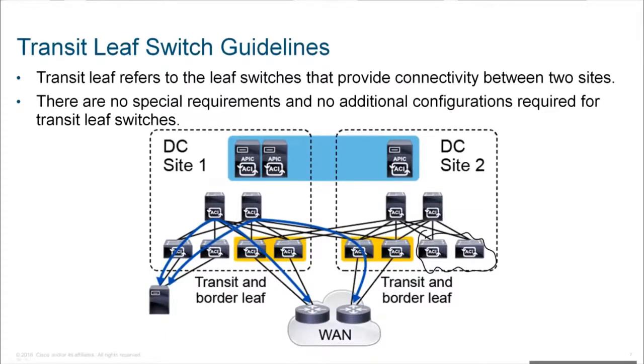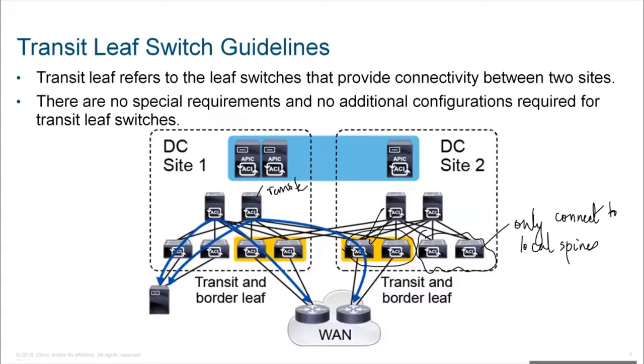They are in each side and they only connect to local spines. But these are called the transit leaves. These have to connect to the local spines as well as the remote spines.